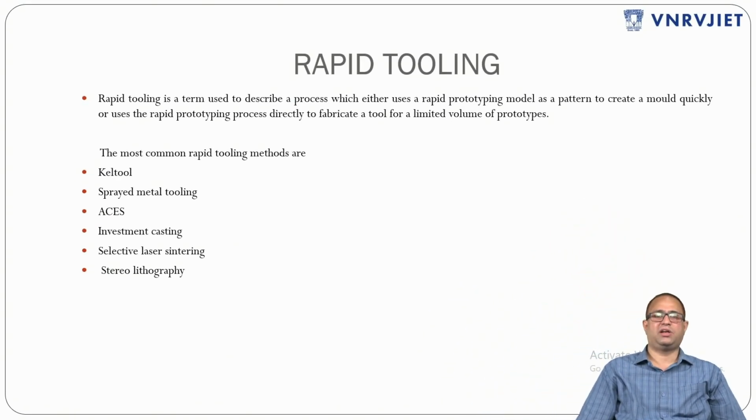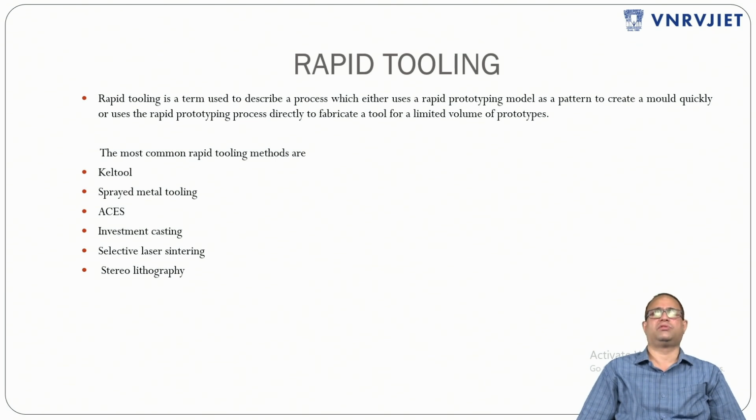As you can see, it is used to describe a process which uses a rapid prototyping model as a pattern. Generally in subtractive manufacturing, what exactly are we going to do? We make a mold, we make a pattern, and based upon that we cast the material and form the entire part. But why do we use rapid tooling?